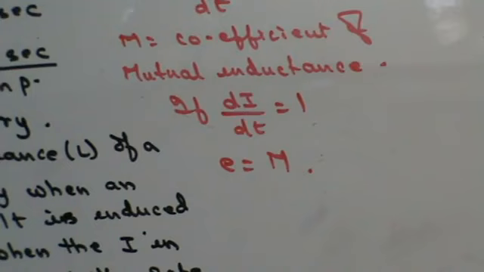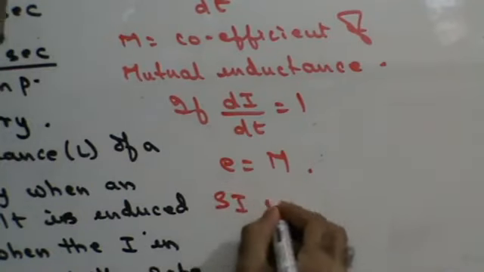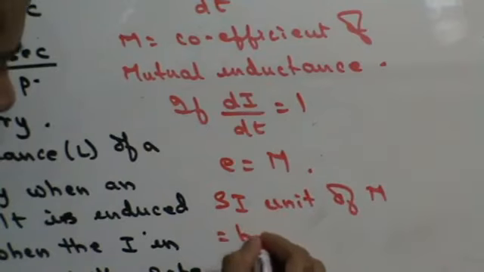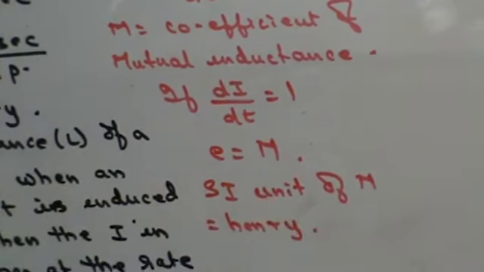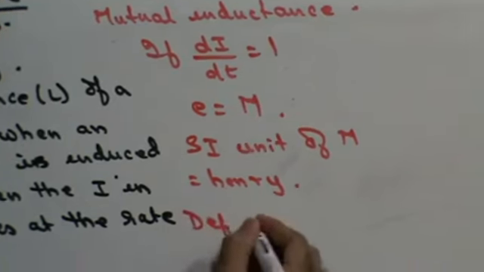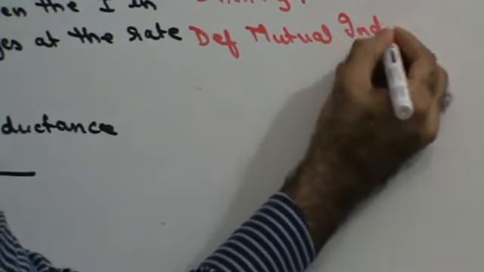The SI unit of mutual inductance is Henry. Thus, what is mutual inductance? Mutual inductance between a pair of coils. Definition of mutual inductance.